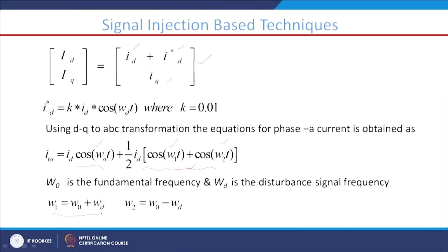Now, what is this omega 1? Omega 1 is omega naught plus omega D. Omega D is our disturbance signal frequency and omega naught is the fundamental frequency of the fundamental signal which is present.